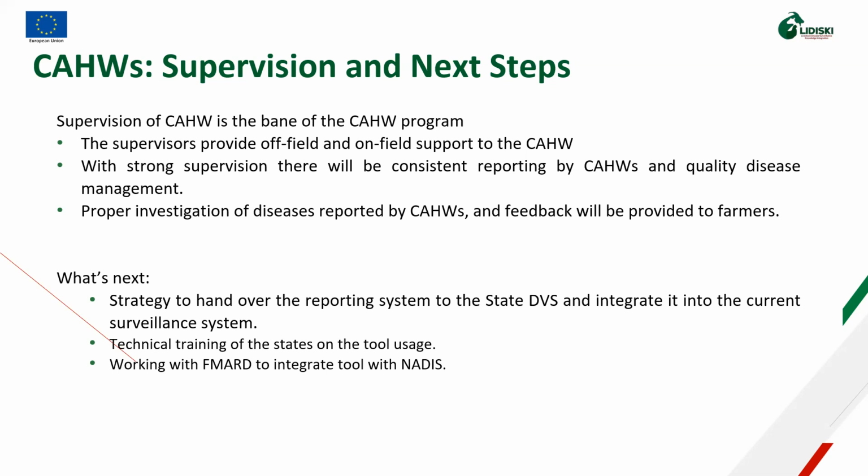So the supervision is very key, and then proper investigation of disease reported by CAHWs and feedback will be provided to the farmer. Another thing that this helps is that in the long run, when this report gets to the state, the state knows the type of information they are supposed to feed back to the community or to the community animal worker.